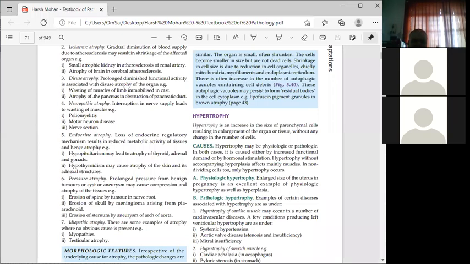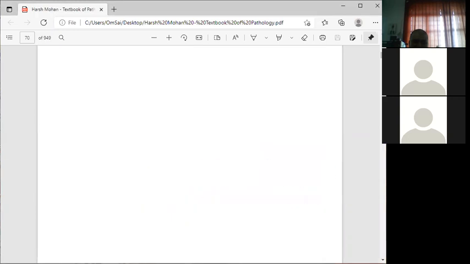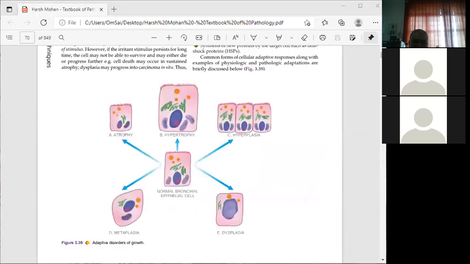Find out the meaning of adnexal first. Come on, adnexal structures.